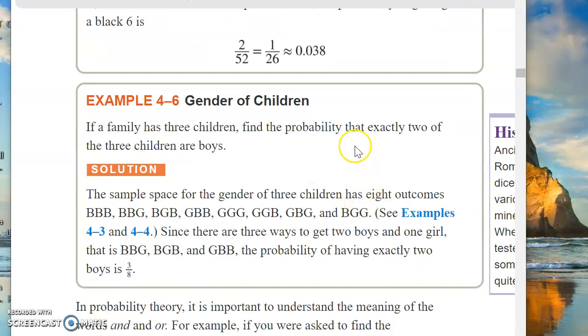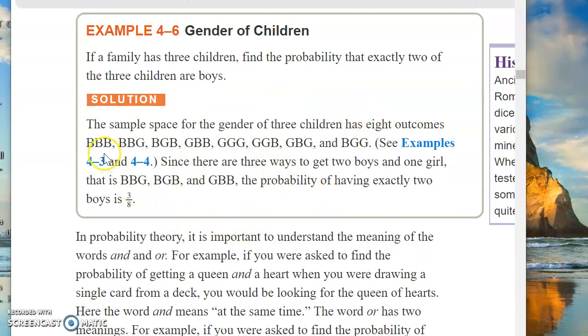Okay? Gender of children, same idea here. Probability that exactly 2 of the 3 children are boys. So you remember, you got boy, boy, boy. Well, that doesn't fit our requirement. We want exactly 2. Here's one that fits. Boy, boy, girl, that fits. Boy, girl, boy, that fits, and so forth. So there's 3 ways of getting 2 boys and 1 girl.